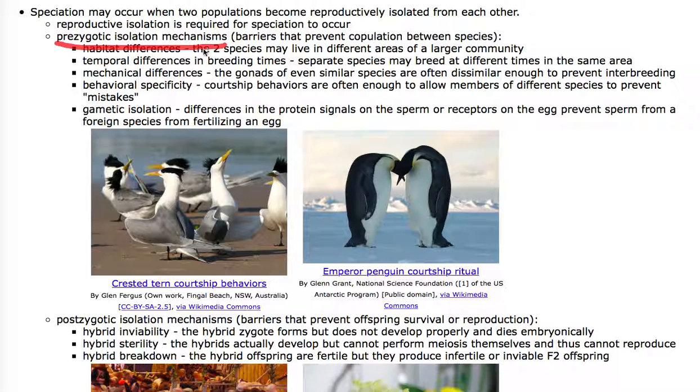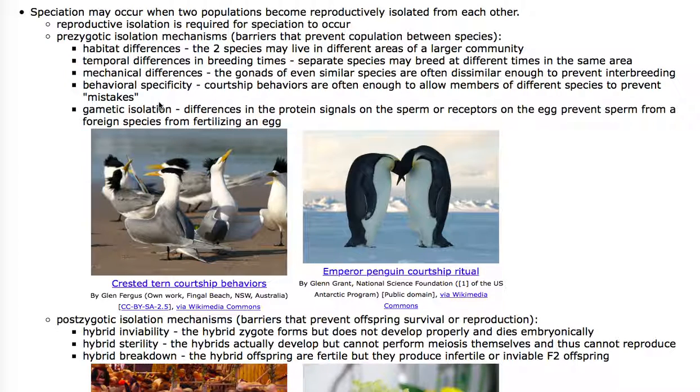They're very effective. So that's the reason why we have so many different species of birds and frogs and insects in North America. They keep themselves apart with all of these things by not breeding in the same place, not breeding at the same times, having mechanical differences that disallow specific reproduction, and courtship rituals that keep themselves apart.